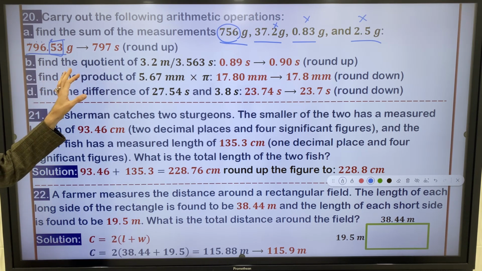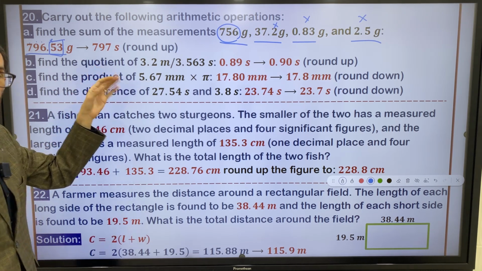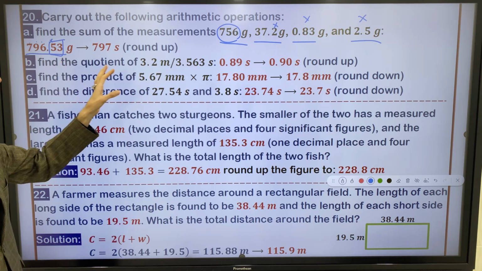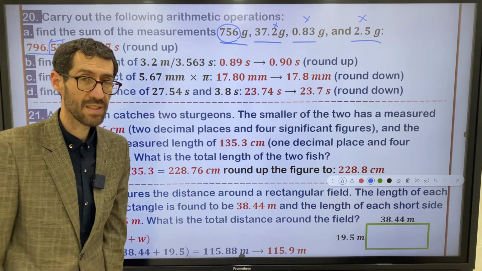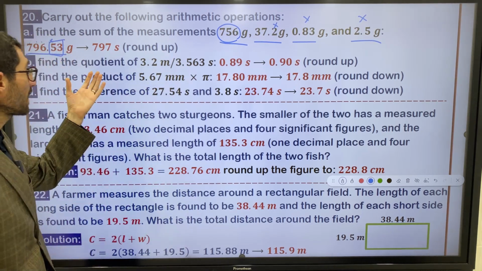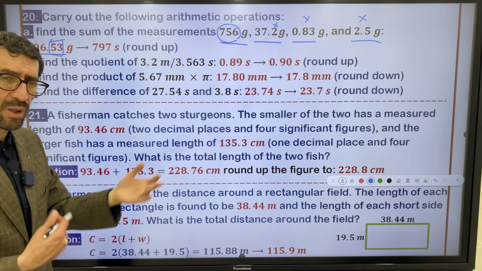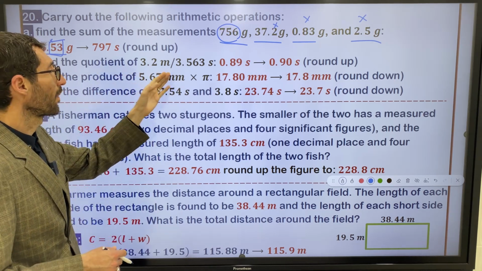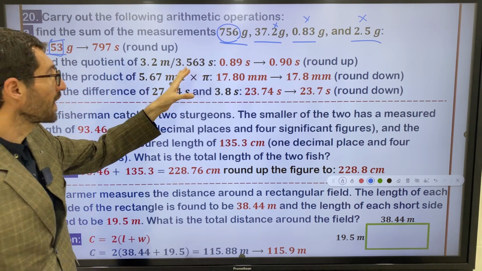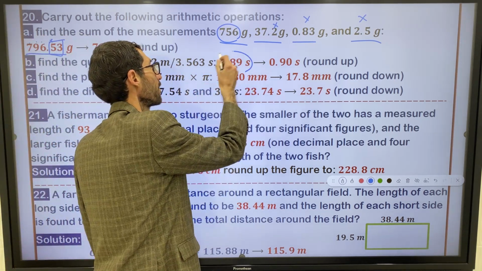Second, B, find the quotient. Quotient means answer. Find the quotient of 3.2 divided by 3.563. After you divide 3.2 by 3.563, you find this number, right?